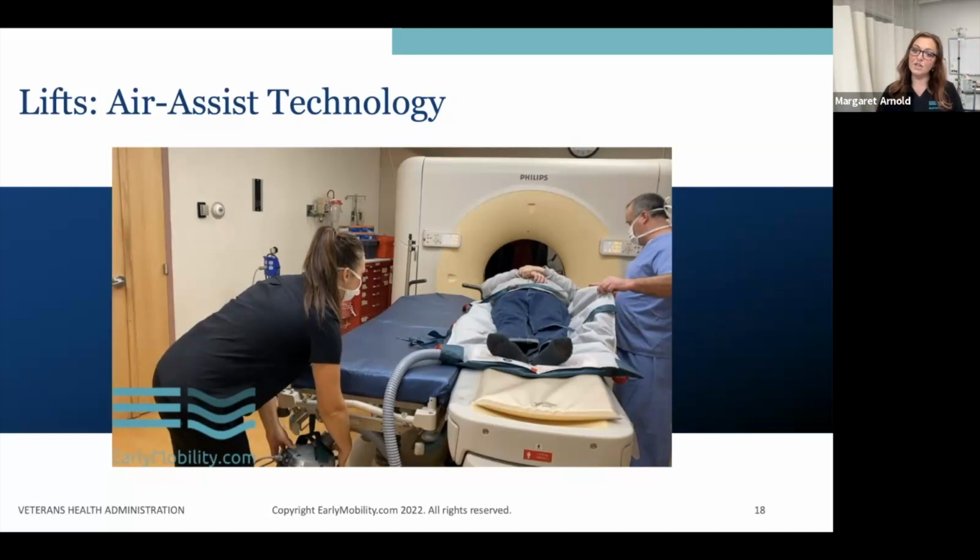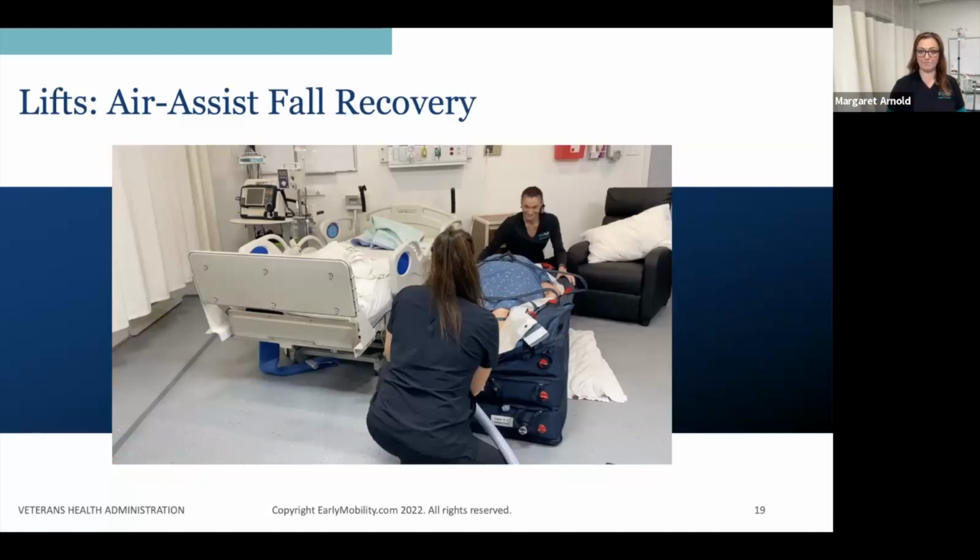This can also be used for moving a patient up and down the bed or from side to side. It can also be helpful in helping you turn a patient over. So different ways of performing lateral transfers without the friction and without the force of pushing and pulling, which are one of the greatest sources of caregiver injury.